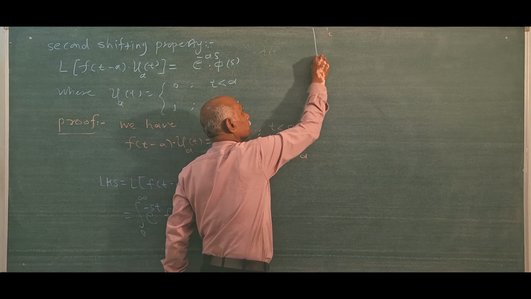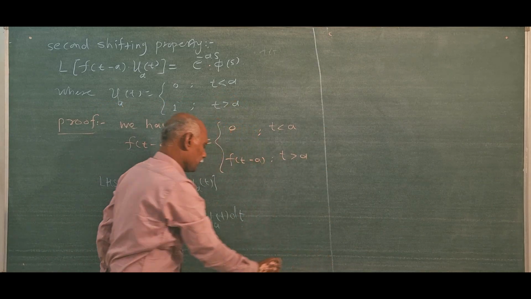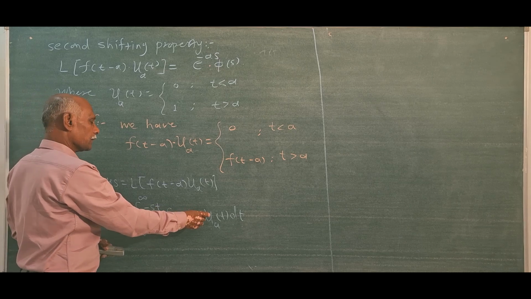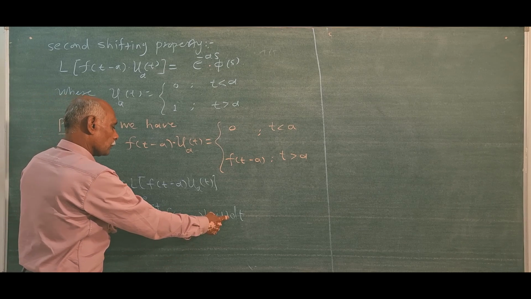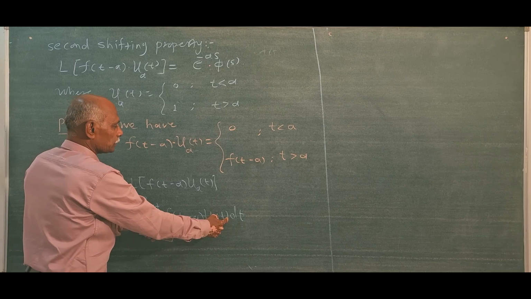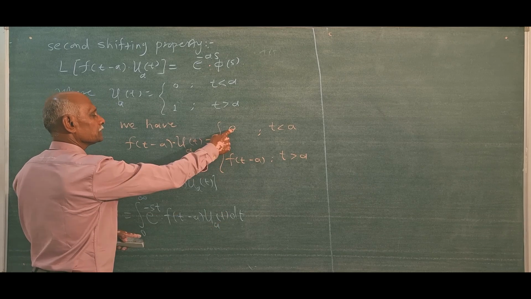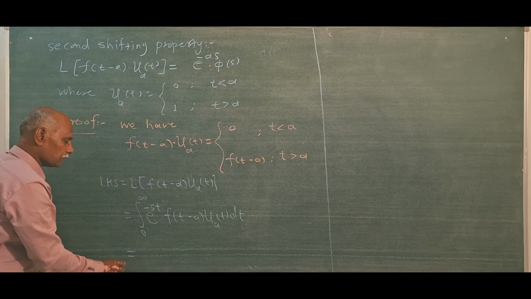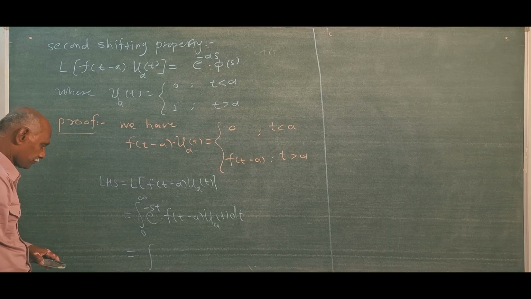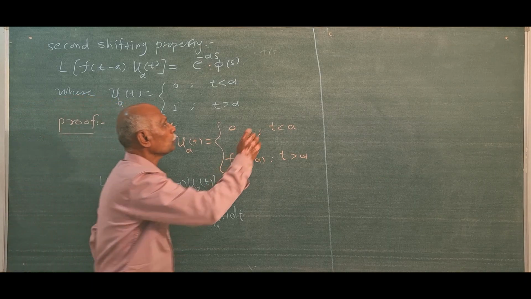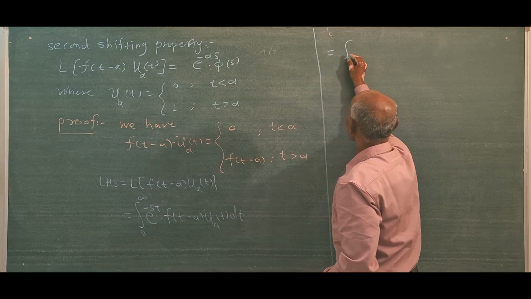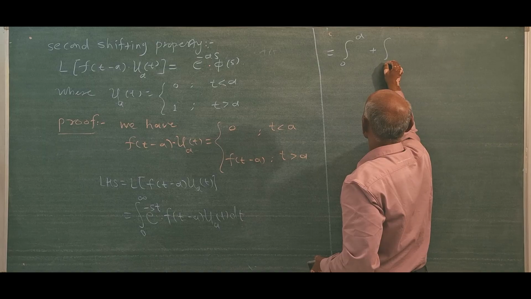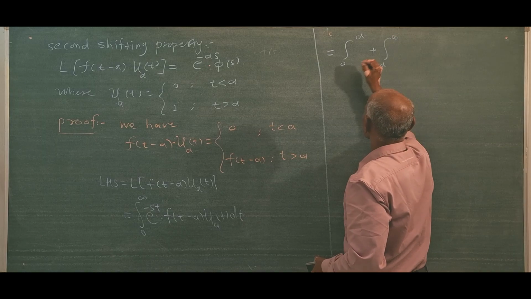And now we evaluate this integral. See, there are 3 functions. But after all, f(t − a) into u_a(t) is nothing but 0 and f(t − a). Therefore, this integral can be divided into 2 parts. The first part is 0 to a and the second part is a to infinity.